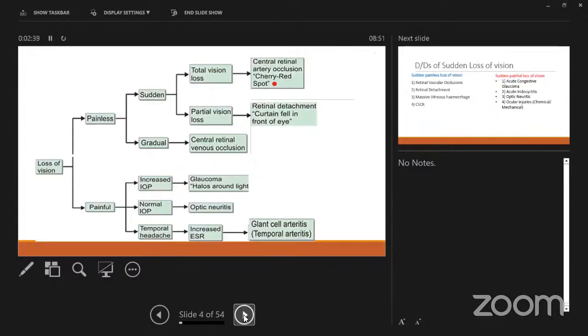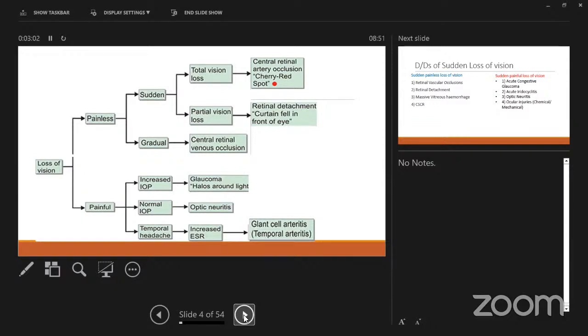The loss of vision, again, can be painful or painless. If it is painless, it can be sudden or gradual. The DDs in sudden are: if it is total loss of vision, then it is central retinal artery occlusion. If it is generally partial loss of vision, incomplete or partial retinal detachment can be the lesion. In painless gradual, the cause can be central retinal venous occlusion.